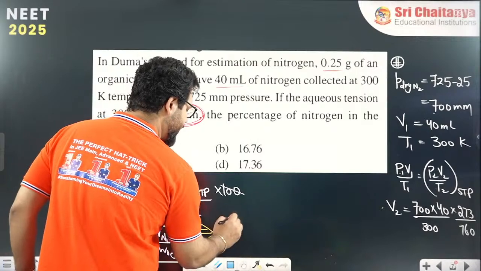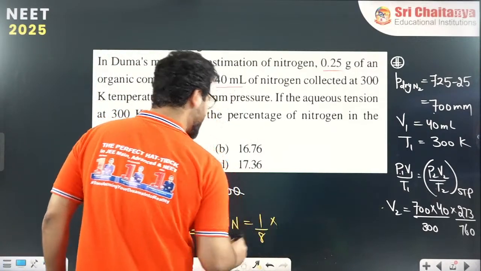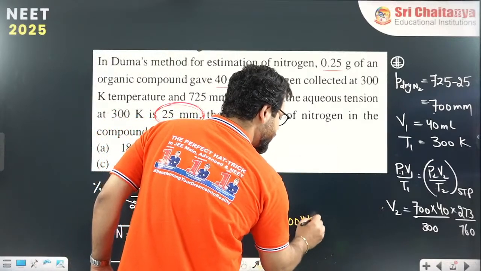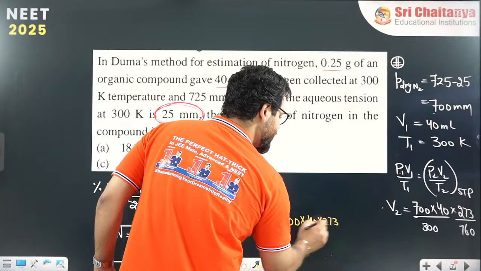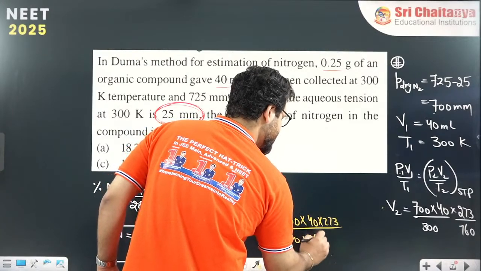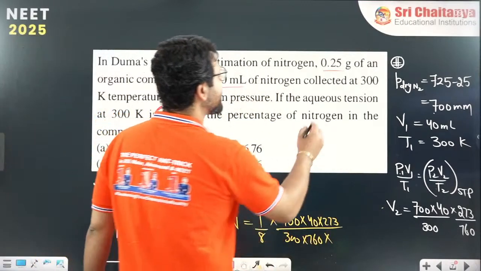So percentage of nitrogen comes out to be 1 by 8 into this whole value: 700, 40, 273 at the top, 300, 760 at the bottom, and the weight of organic compound, which is going to be 0.25.